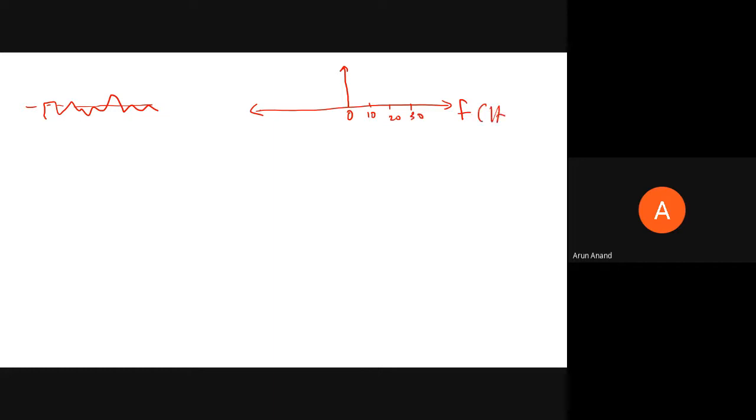Then circular symmetry says that in your Fourier transform, you will have the same thing at minus 10 hertz, minus 20, minus 30. So this is your DC, and these are called your side bands.